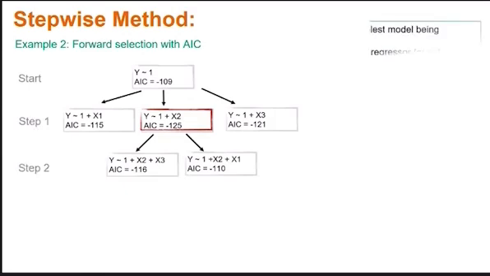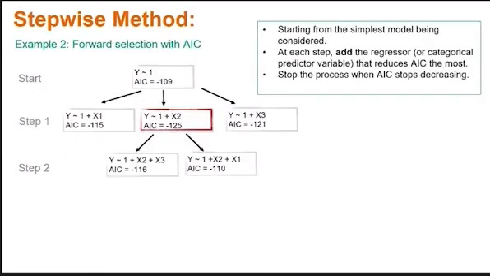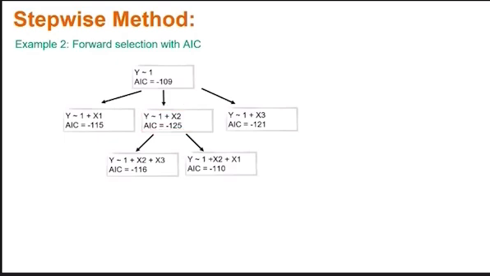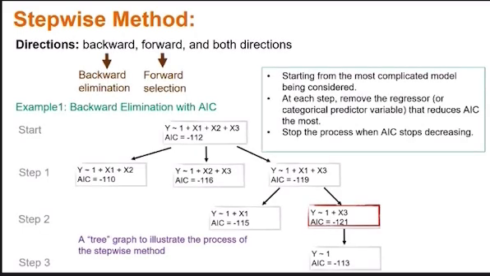So you see what I'm talking about? Now there's something I want us to do. Forward selection chooses X2. Backward elimination chooses S3. Take a look at this.